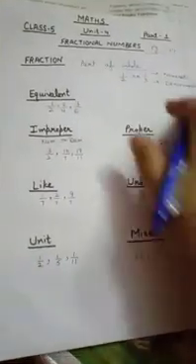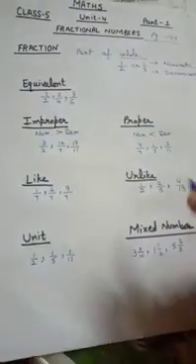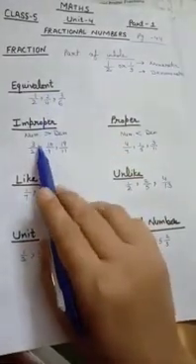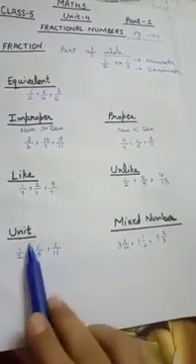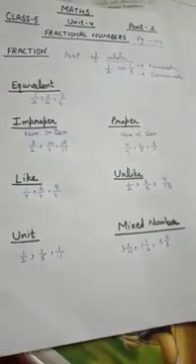So these are the types of fractions: equivalent, improper, proper, like, unlike, unit, mixed number. All these types are also given at page number 44 of our book.